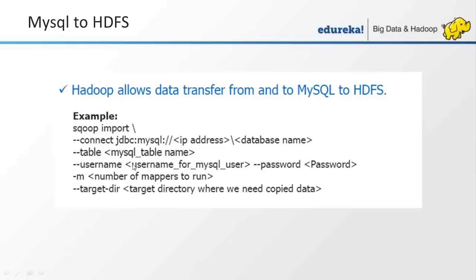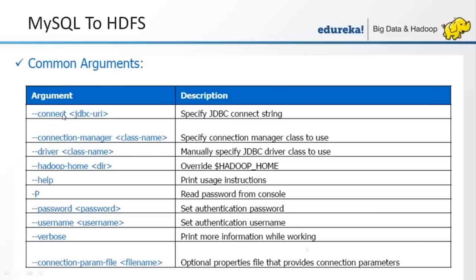Through the connection manager, if you want to write your own Java program to tell Sqoop how to connect to a database, you can do that. So if you have written a Java program to connect to, let's say, DB2, you can do it through the connection manager, and then you need to give the class name. The one that we did is through the driver name. So you manually specify that JDBC driver. Here we said JDBC MySQL is the JDBC driver.